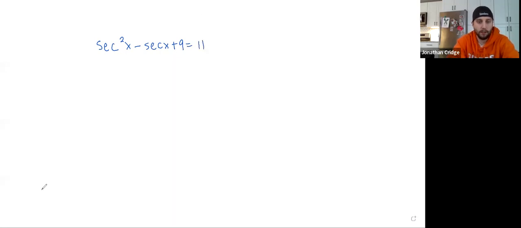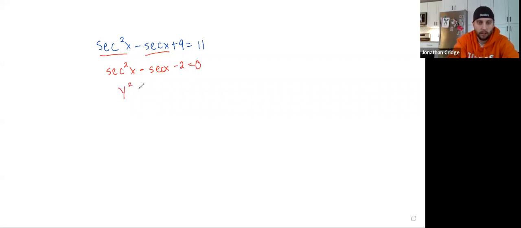First thing I see here is that this smells like another quadratic. I have a squared term, I have a non-squared term, and I have a constant. So first thing I would do is get this set equal to 0: secant squared of x minus secant of x minus 2 equals 0. So I subtracted that 11. And now this is a quadratic.